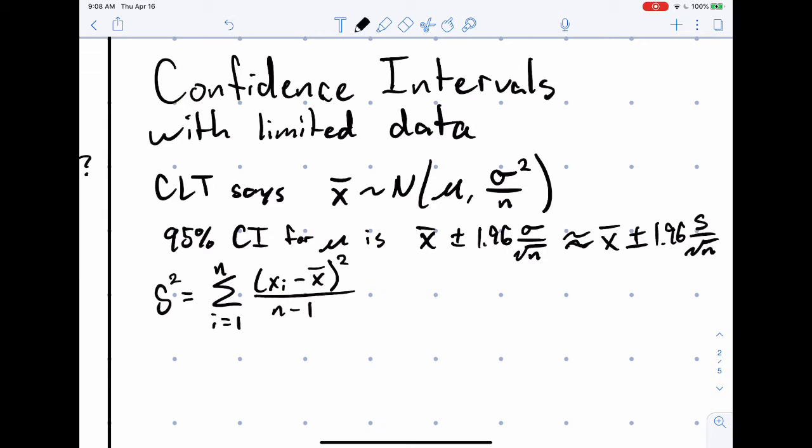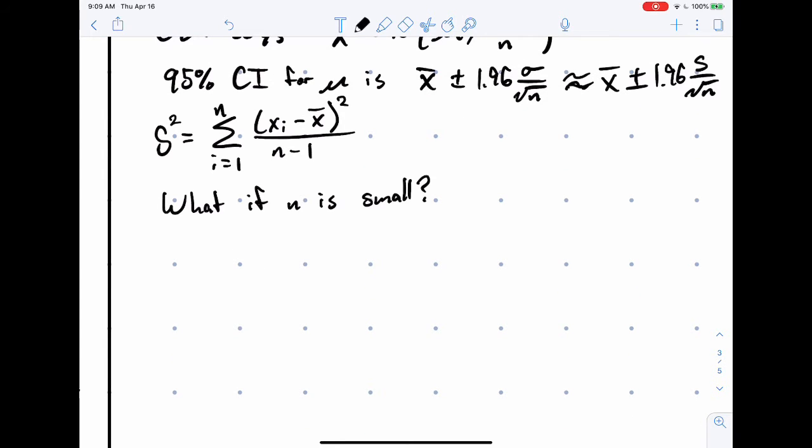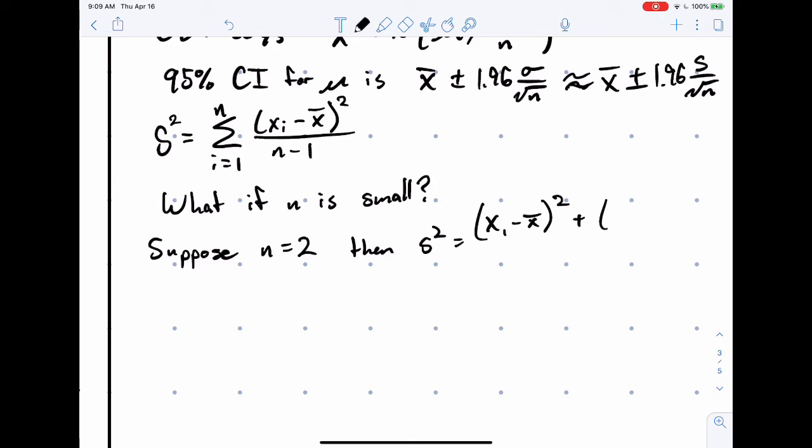But what happens if n is very small? What happens to s squared if n is small? Suppose, for example, that n equals 2. Then s squared is equal to x1 minus x bar squared plus x2 minus x bar squared, divided by 2 minus 1, which is just 1.